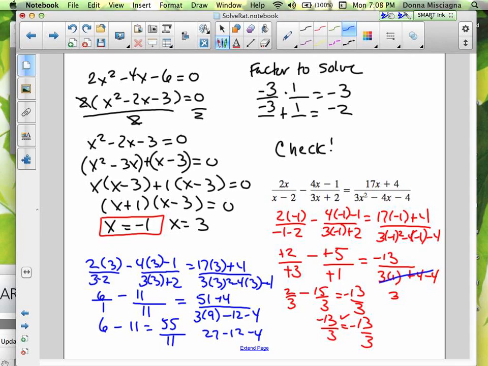Oh, look at that. Wait, though. 6 minus 11 equals 5. Almost. It's got to be negative. Is there a sign error? No, the numerator is definitely positive. The denominator is definitely positive. So it looked very promising, but 6 minus 11 is not usually 5, because -5 does not equal 5. So this one is a no with a little sad face.